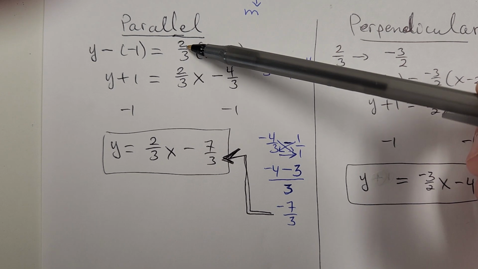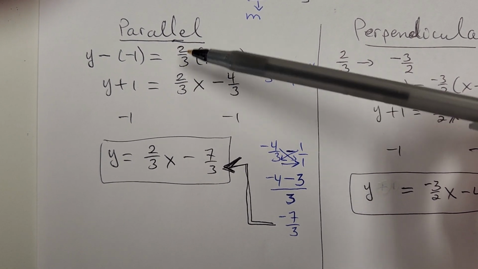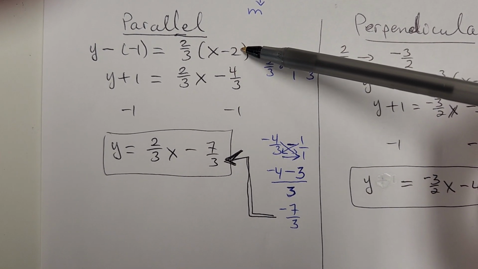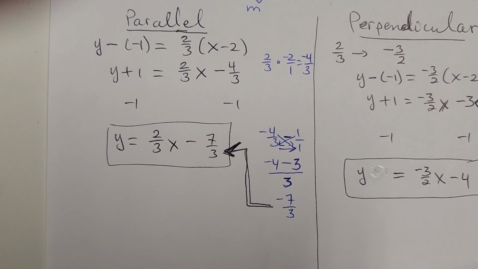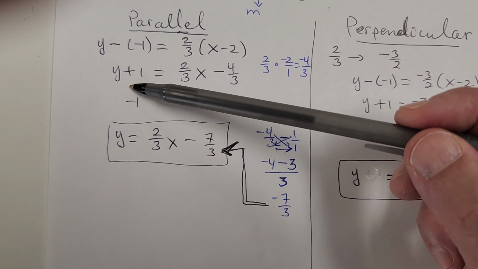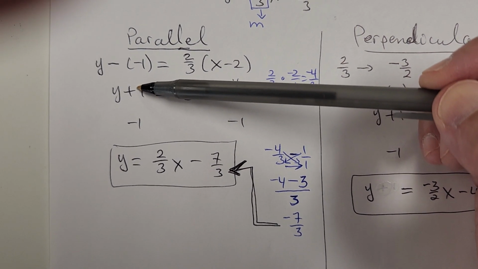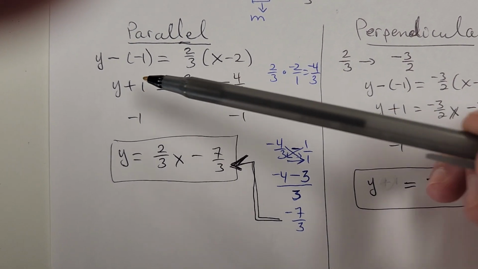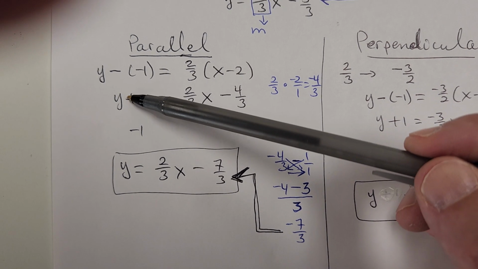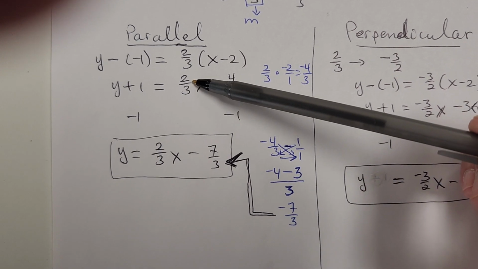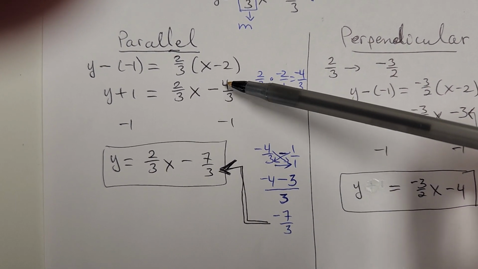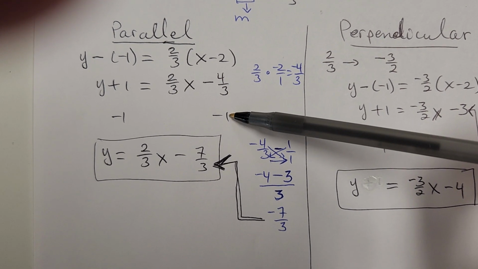Next, subtract this 1 over. Since this is a plus 1, you want to subtract 1 over, so this one goes away. So I just have y = 2/3 x, and then negative 4/3, subtract 1.